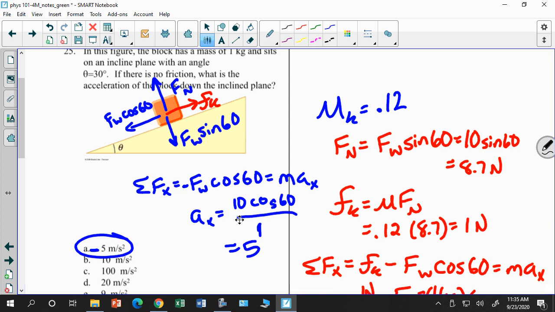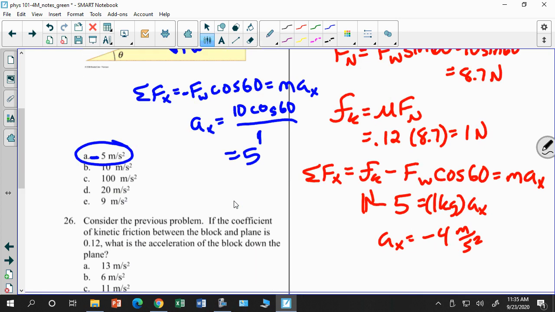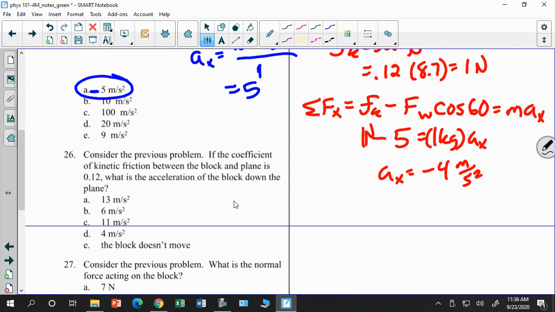Yeah, I said that really the acceleration, which is down the inclined plane, that's technically in the negative x direction. But none of them had negatives, so it should be negative 5. Sort of, I guess, yeah. And then for 26, is it D? Even though it's negative? Yeah, it would be D. Okay. All right.